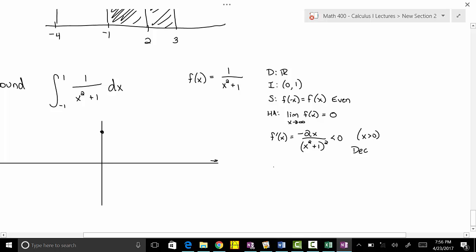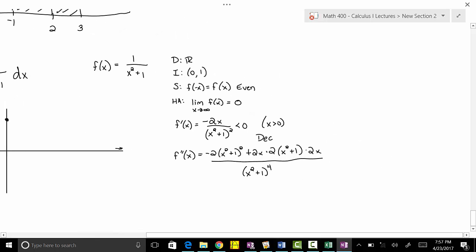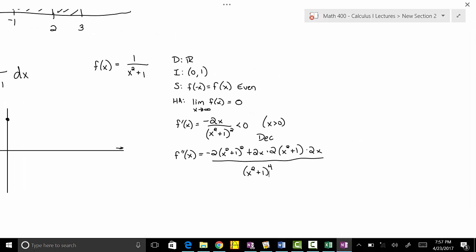And then also f double prime of x, derivative of the top is negative 2 times the bottom, x squared plus 1 squared, minus the top times the derivative of the bottom, 2x squared plus 1 times 2x, all over that denominator squared. There's a lot of stuff you can factor out here.